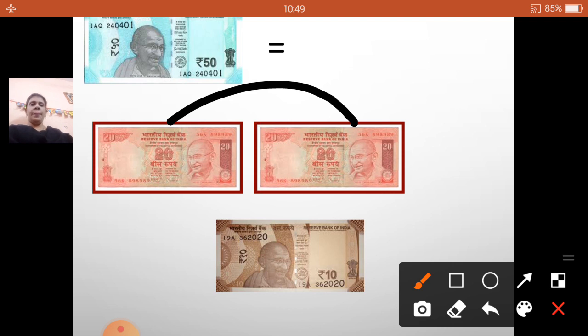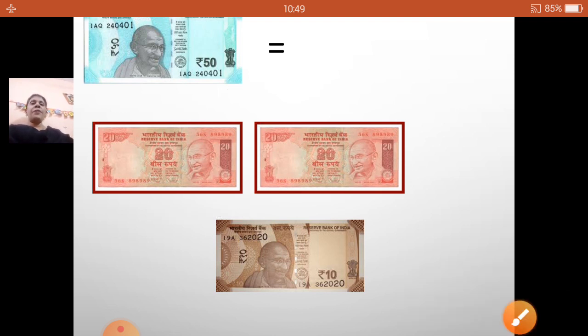After 20, 30 and 40. So 40 plus this 10 is 50. So 20 plus 20 is 40 and 40 plus 10 is 50. That means our answer is correct. So two 20 rupee notes and one 10 rupee note will make 50 rupees.